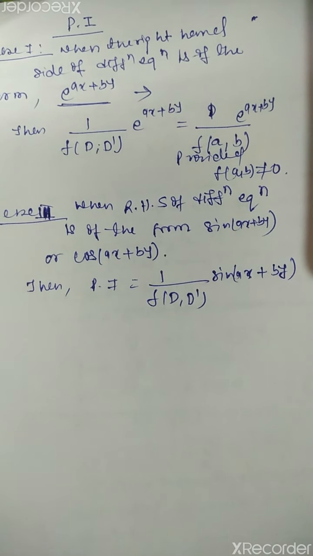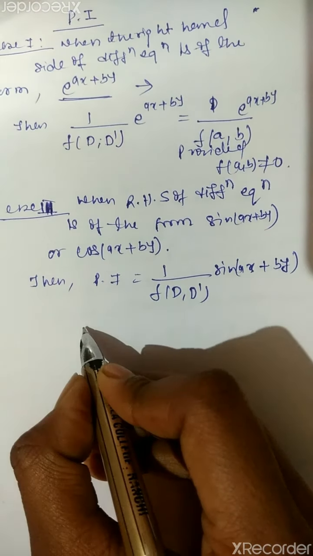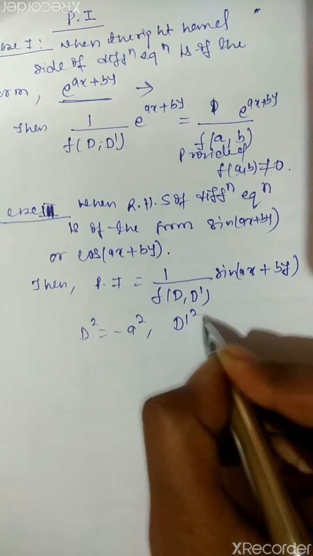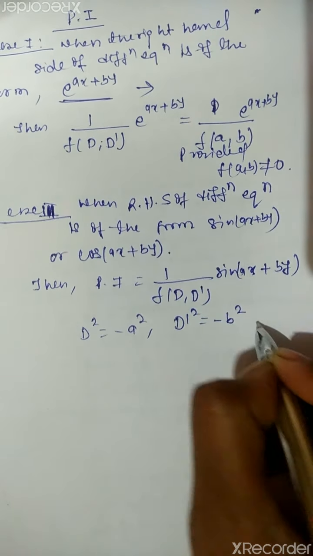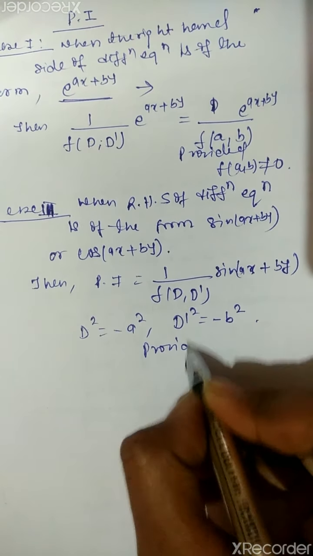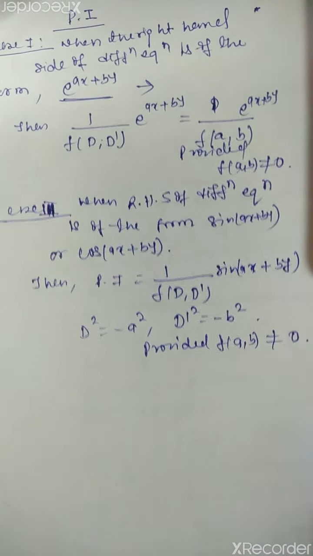Earlier we have seen sin ax sin by, and sin(ax plus by) we have also done. Here we put D square equal to minus a square and D' square equal to minus b square, provided f(a, b) is not equal to 0.